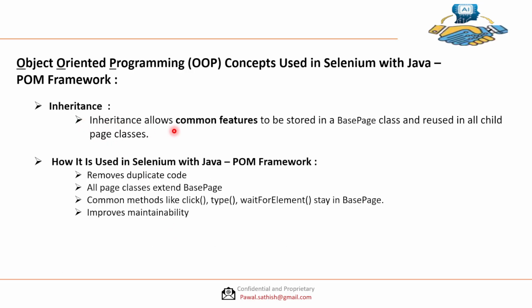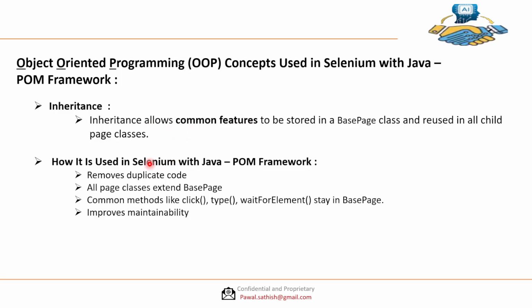Inheritance allows the common features to be stored in a base class and reused in all the child page classes. So in the base class, we'll create all the common methods, and when we develop a new class, we'll inherit these common features.